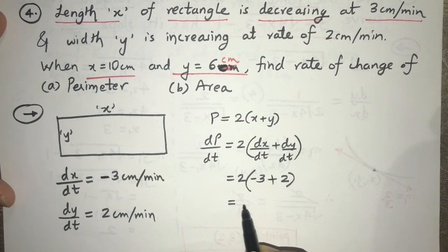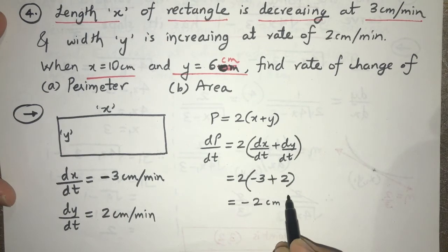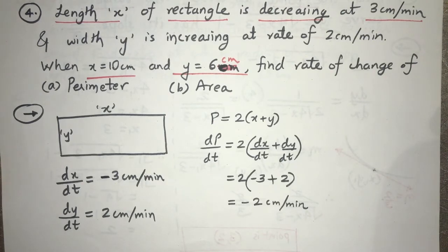The final answer is -2 centimeters per minute. Perimeter is decreasing at the rate of 2 centimeters per minute according to this data.